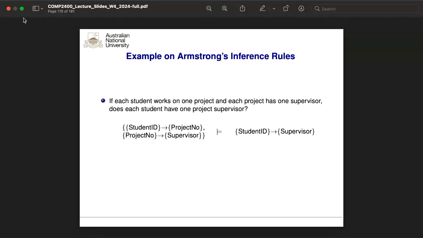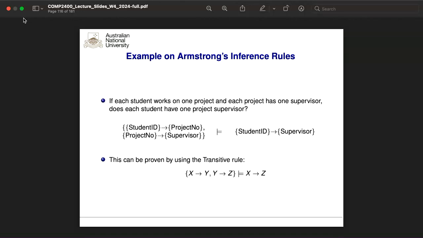So if we go back to the previous example, apply a transitive rule on those two function dependencies, student ID determines project number determines supervisor, we can easily get student ID determines supervisor. It means in terms of project, if we know student ID, then we know what would be the associated supervisor for this student.